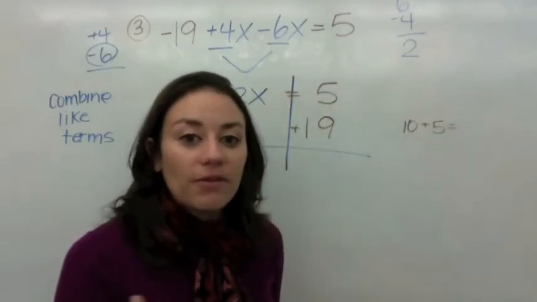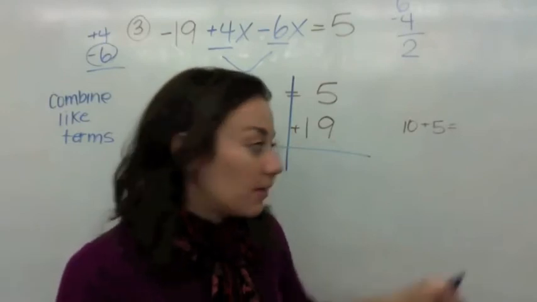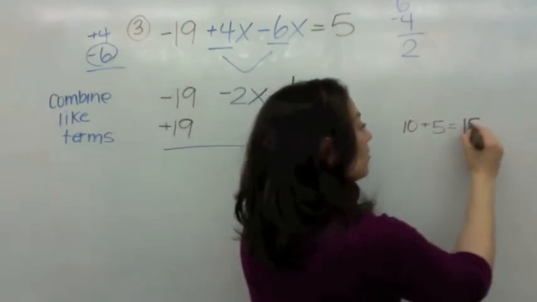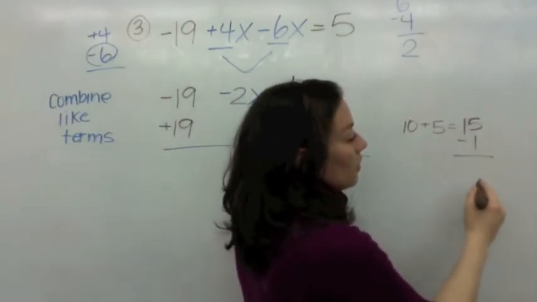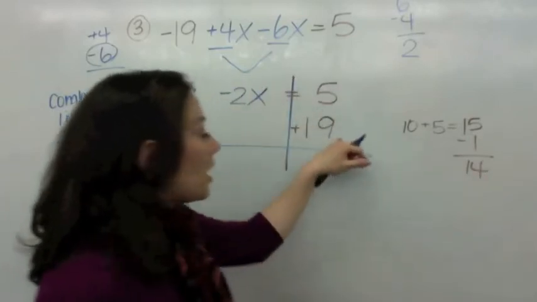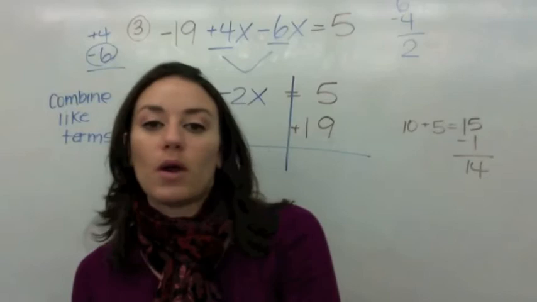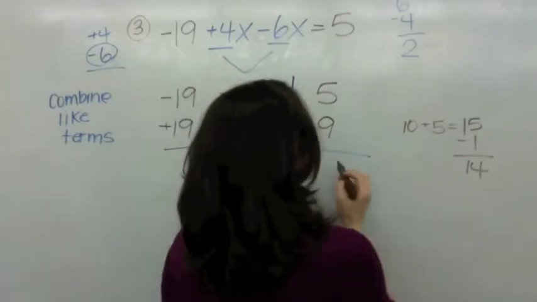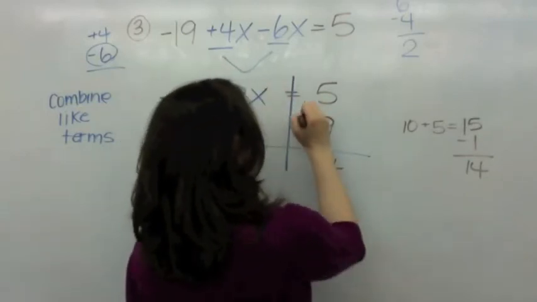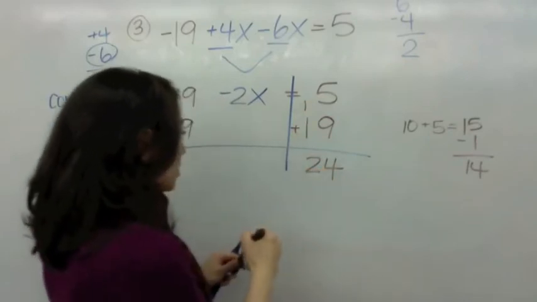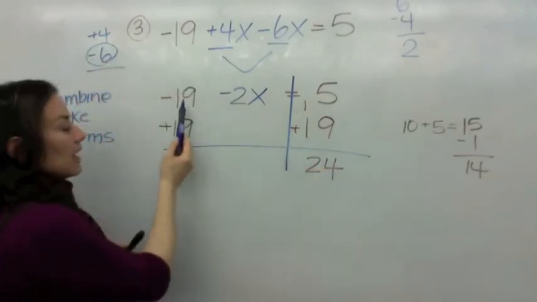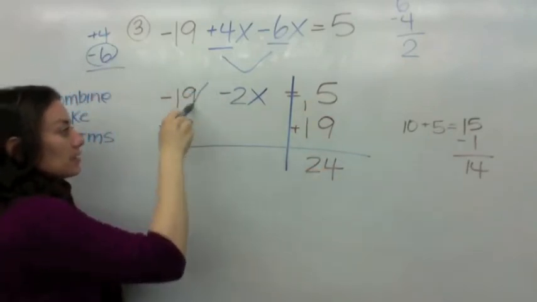Anytime you have 10 and you add 5, it's just 1 and this number. It's 15. Okay, what's 15 minus 1? It's 14. So 9 plus 5 is like 10 plus 5, which is 15, but then you take away 1. So this is 14. Carry the 1. 1 plus 1 is 2. Very good. Negative 19 and positive 19 make 0.